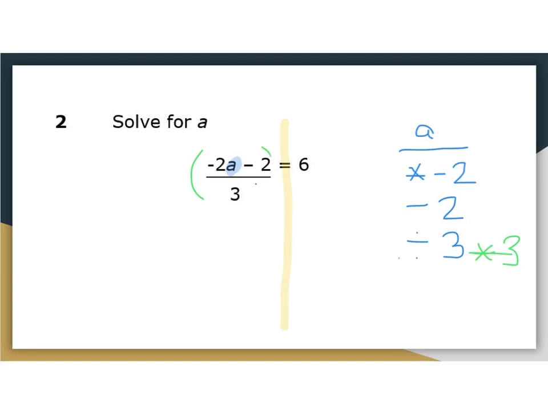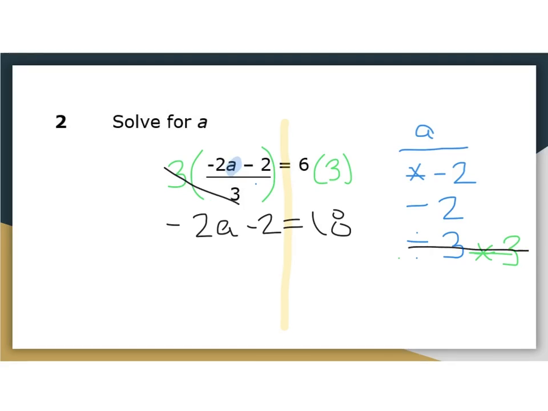So I'm going to multiply the left side by 3 and the right side by 3. That's going to leave us with the numerator -2a minus 2 equals 18, and these 3's have canceled out. This step has been undone.